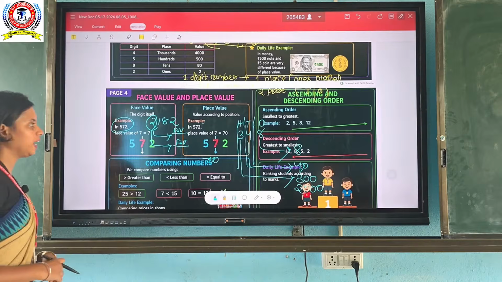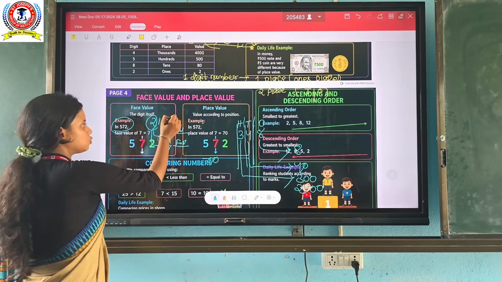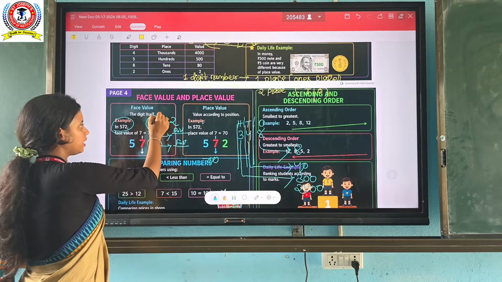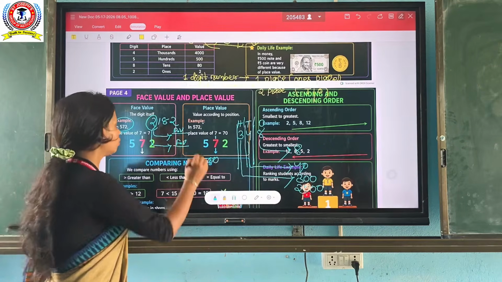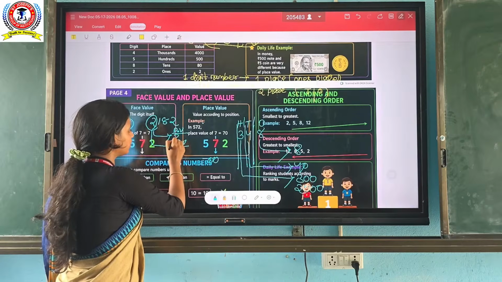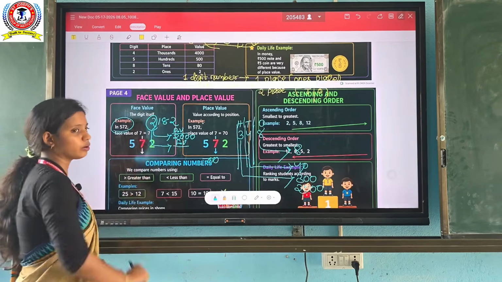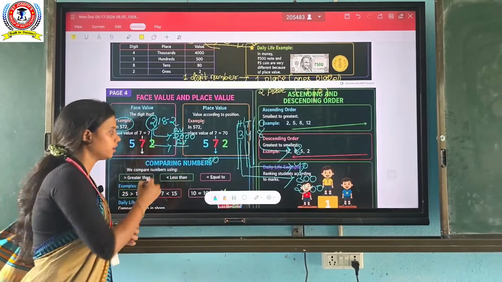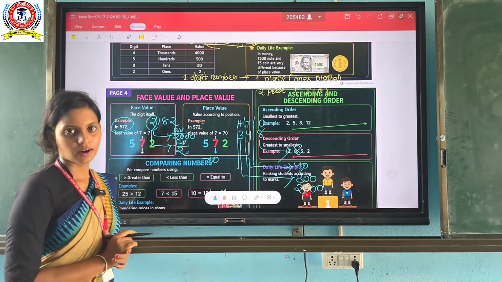So what is the place value of 2 here? 2 is in which place? This is 1's place, 10's place, 100 place and 1000 place. So 2 is in 1000 place here. So what is the place value of 2? That is 2000. Okay. What is the face value of 2? Means ऊपर से वो क्या है? 2 है. So face value of 2 is 2. Okay. Is it clear?